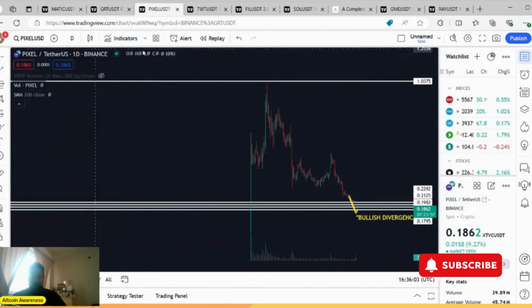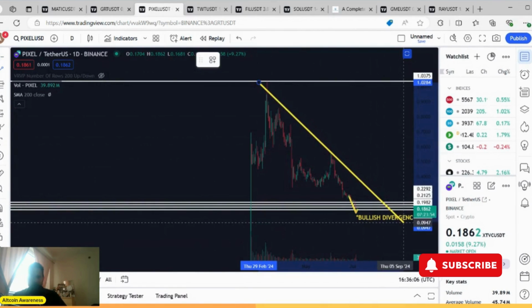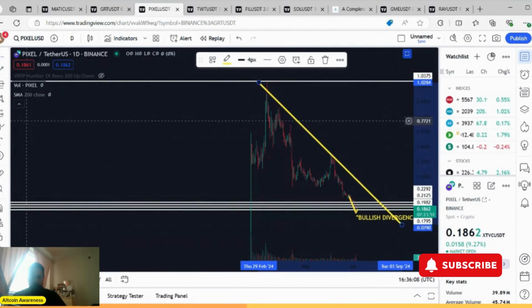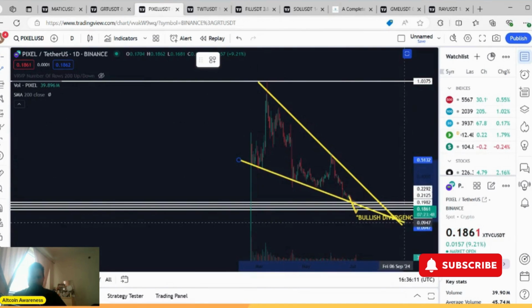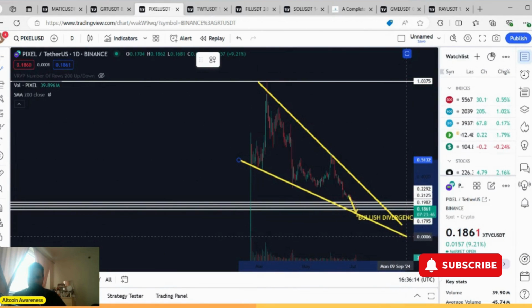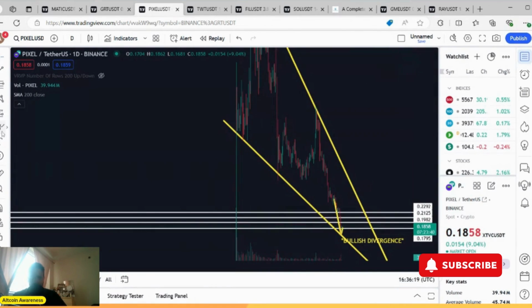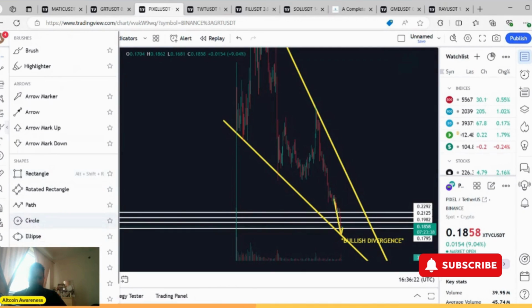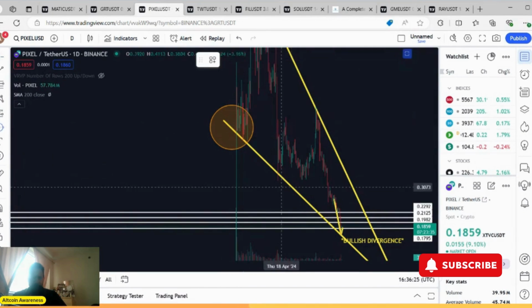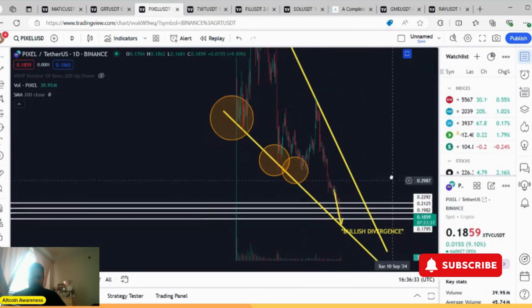Okay. We can also draw a trend line that looks like this on this chart. Is it a triangle? It might be. Okay. Now, look at this. We had a bounce here, another bounce here. This can be a bounce if you want.